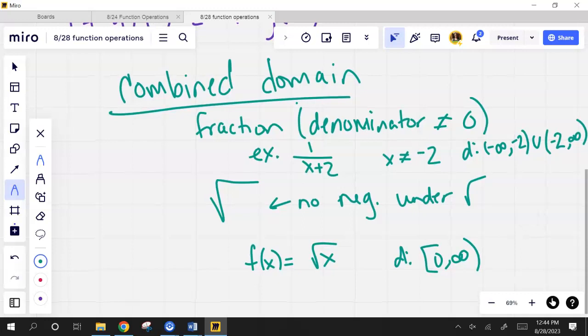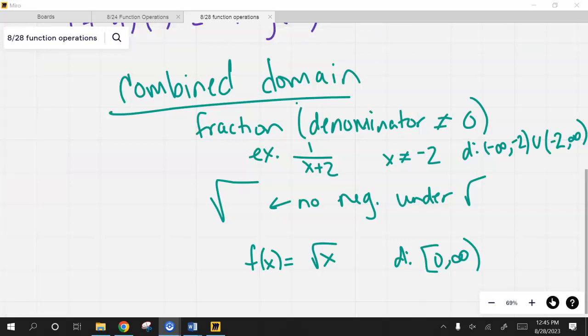So, combined domains. When you combine two functions, you take the domains of each function.